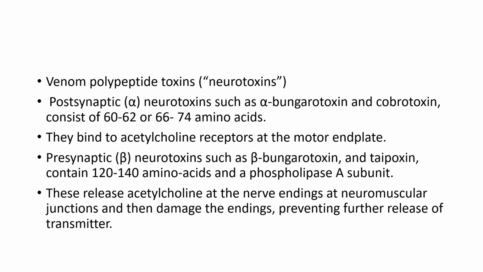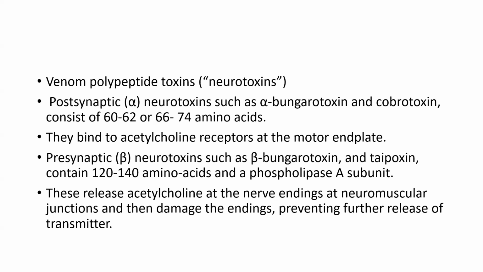Now, the venom polypeptide toxins, that is neurotoxins. These are the postsynaptic neurotoxins such as alpha-bungarotoxin and cobrotoxin, which consist of 60 to 62 and 66 to 74 amino acids.